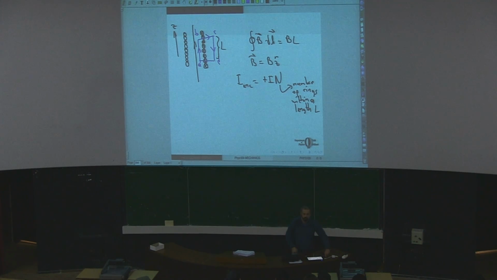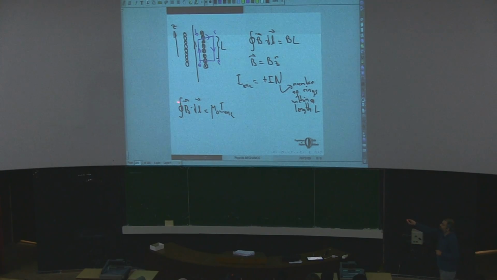No. You see, if you look at this relation, this B dot dl is equal to mu0 times I enclosed, and here there is a loop. And also in your midterm, when you are calculating the potential differences, most of the time you ignore to specify which path you are taking.